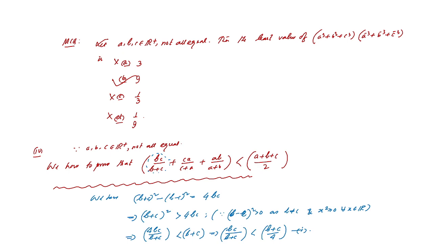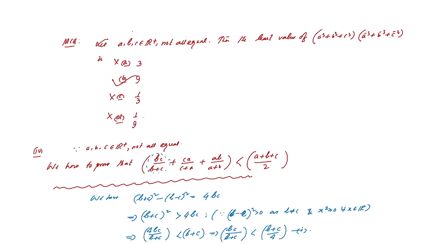Similarly, if we take AB and CA, we will get a similar result. So if we take AB, that will be AB by A plus B. In a similar way, it will be less than A plus B by 4. And if we take A and C, that will be CA by C plus A, and that value will be less than C plus A by 4. In a similar way, we get this result.